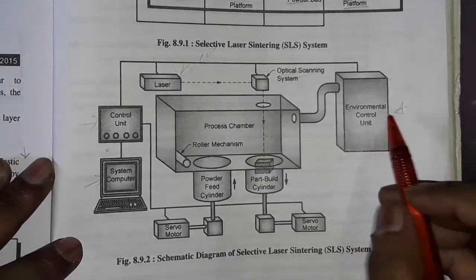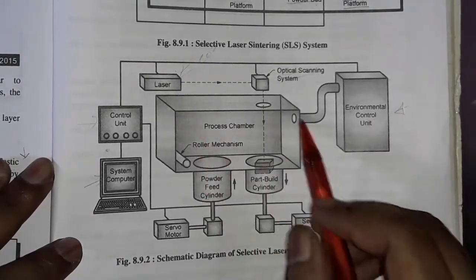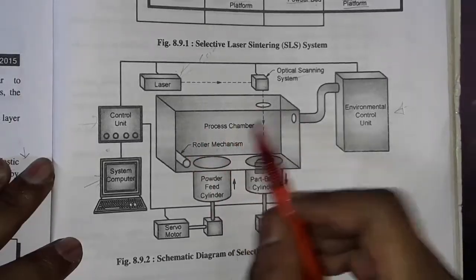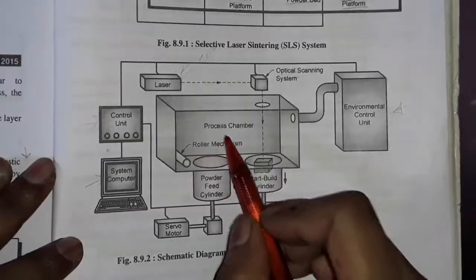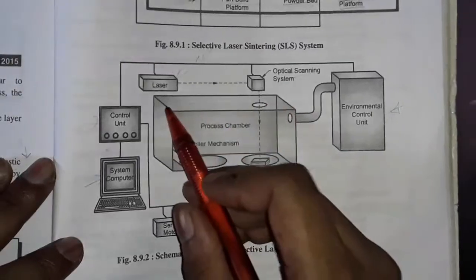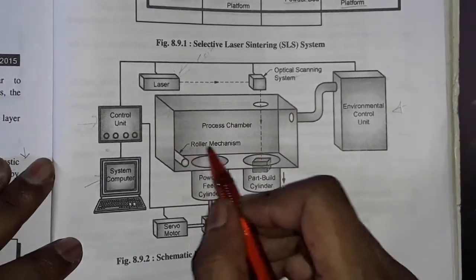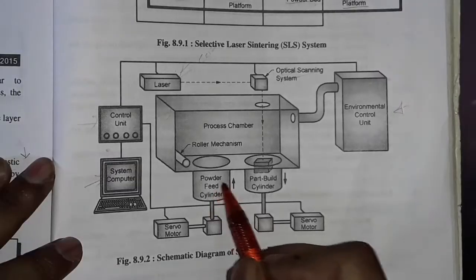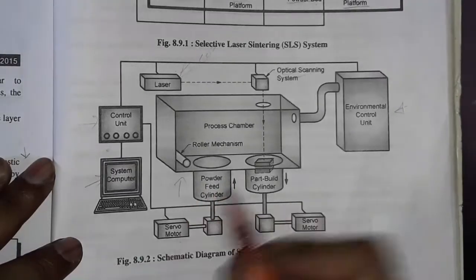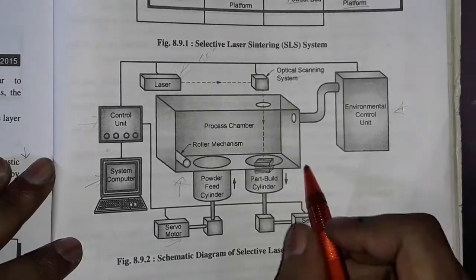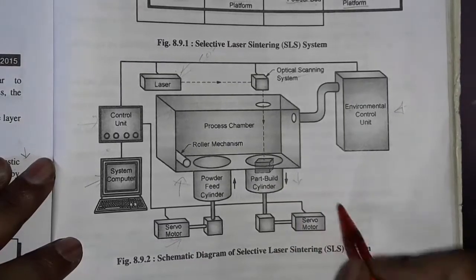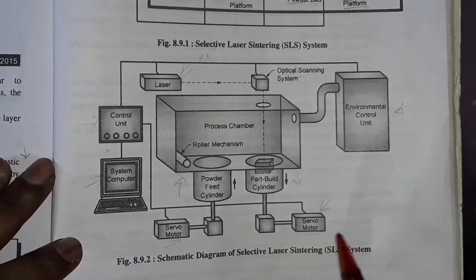This environmental control unit controls the environmental condition inside this process chamber which is sealed. This is our process chamber. This is roller mechanism as we have seen. This is a powder feed cylinder which goes up with the help of servo motor, and this is part build cylinder which goes down with the help of servo motor here.